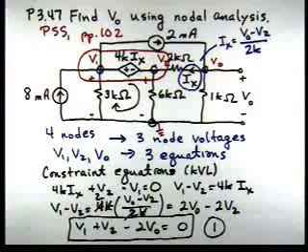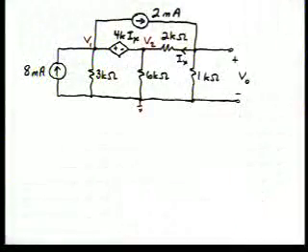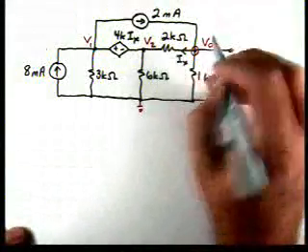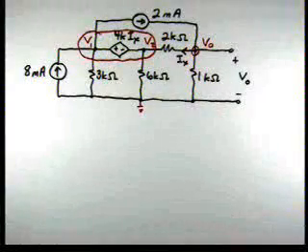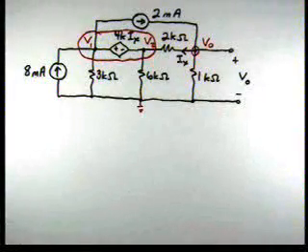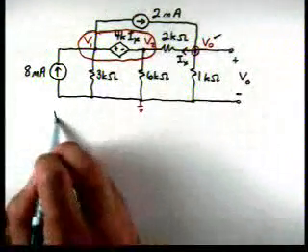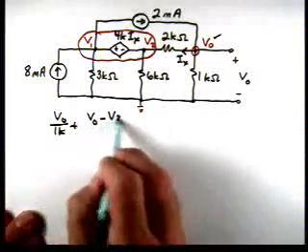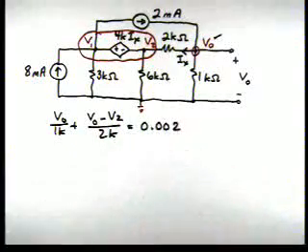Now, we have to come up with 2 more equations, and now we're going to apply KCL at a couple of places. One is we're going to apply KCL out at this node, and then we'll apply KCL to the supernode. That'll give us our 3 equations. So KCL at this node, we'll have V0 over 1K plus V0 minus V2 over 2K is equal to 0.002.